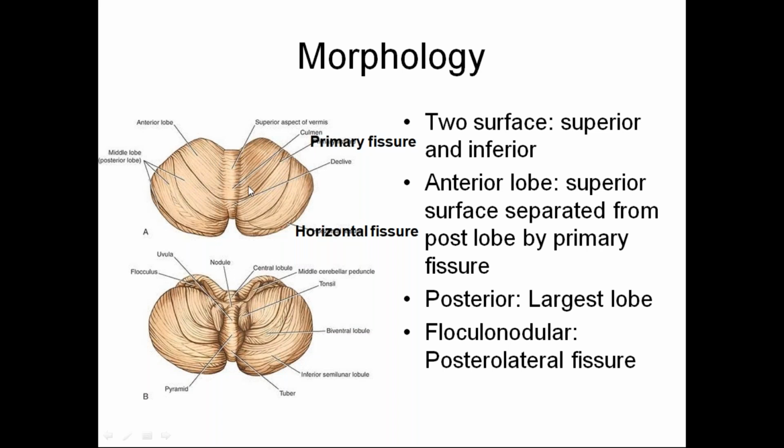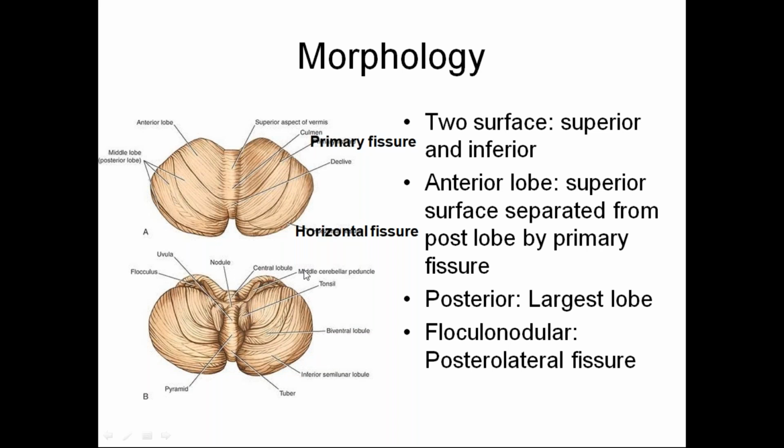The part in front of the primary fissure is the anterior lobe. The part behind the primary fissure is the posterior lobe. So this is the fissura prima, and then there'll be another small fissure between the flocculus. This is the nodule, and that is the flocculus. There will be the posterolateral fissure.